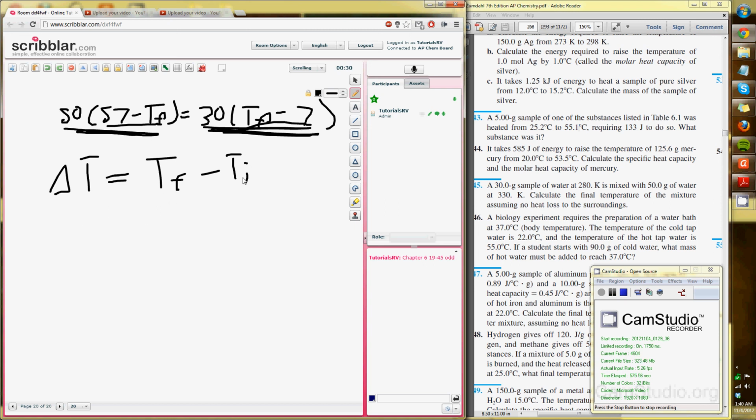You want the initial temperature, which was 57, to be higher, which is why T final is 38.25. See, this was the initial temperature, and this was the final temperature. You notice that the heat that's lost is equivalent to the heat that's gained in this other part right here.